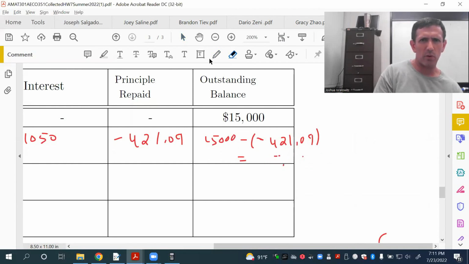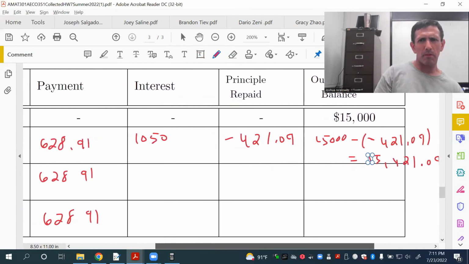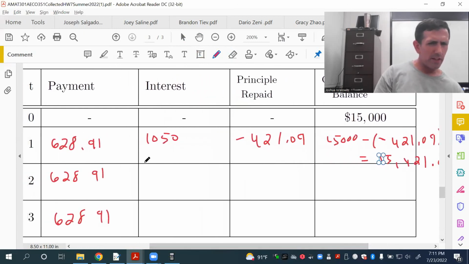You've added 421.09 of interest to your outstanding balance, so you have that as your new outstanding balance. And then this would be 1079, roughly 48 cents.